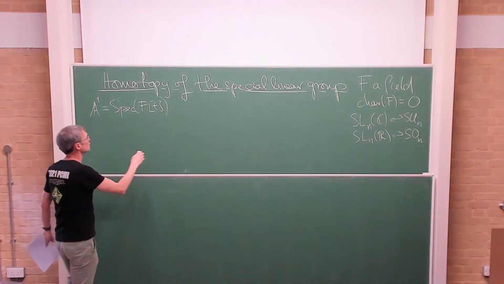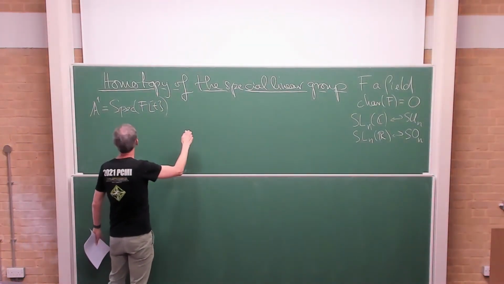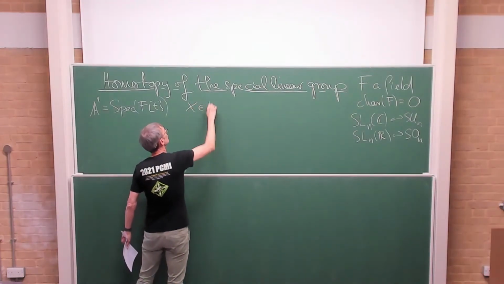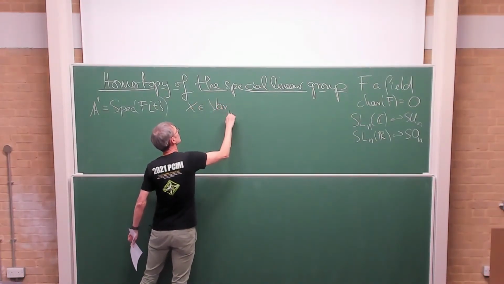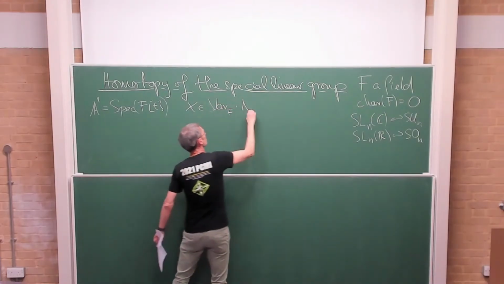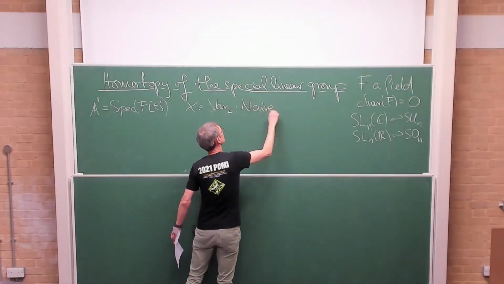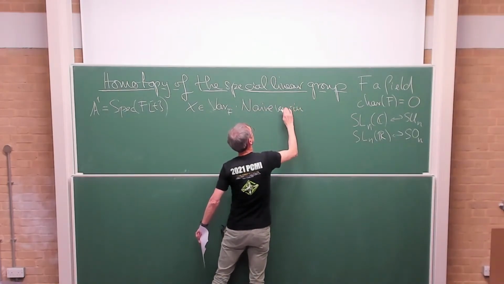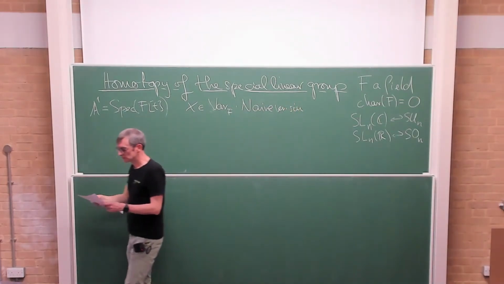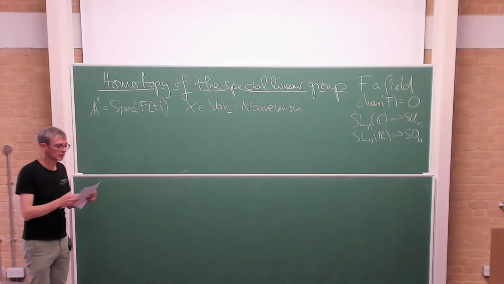And if you have a variety over F, then there's a naive version to get an A1 homotopy type out of it.